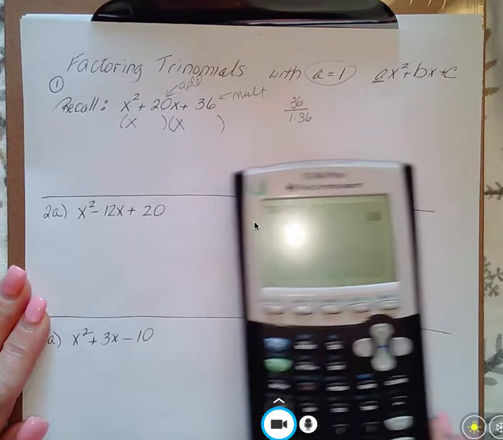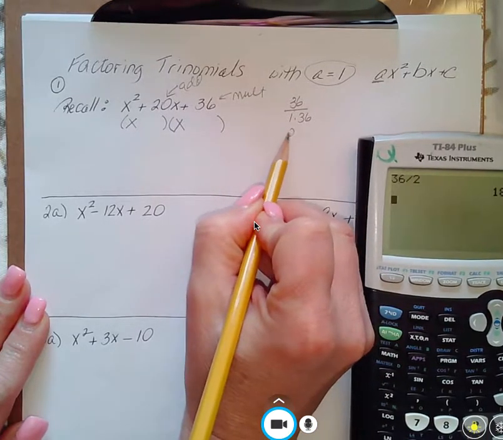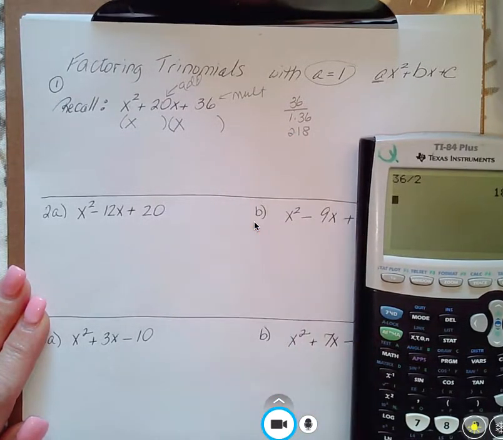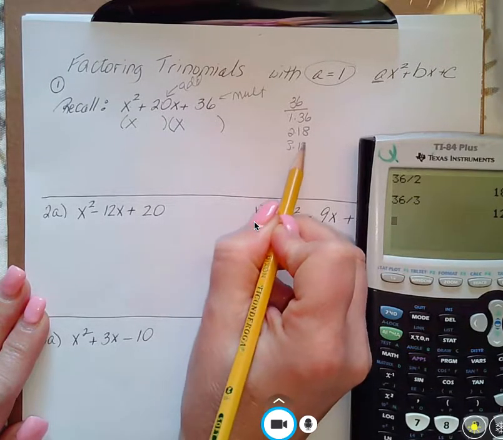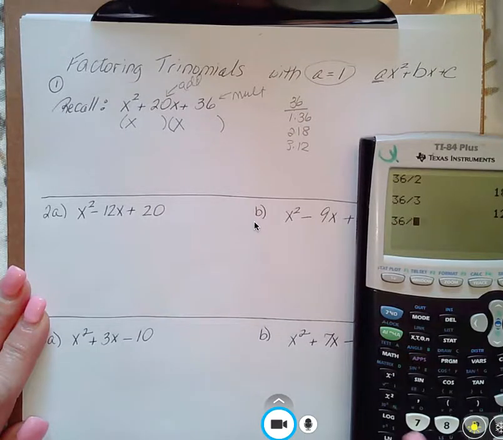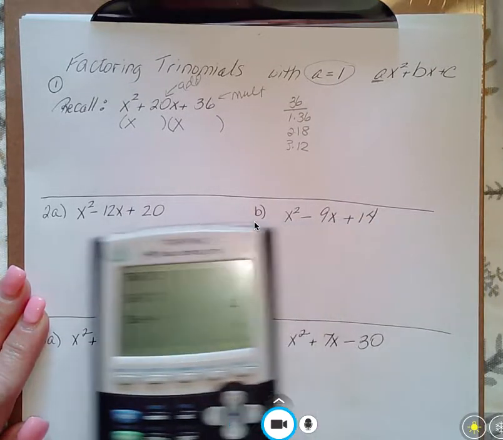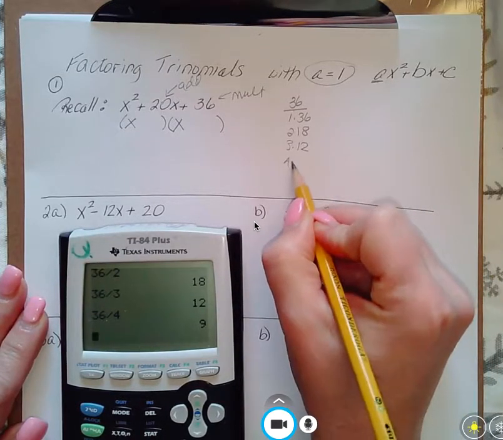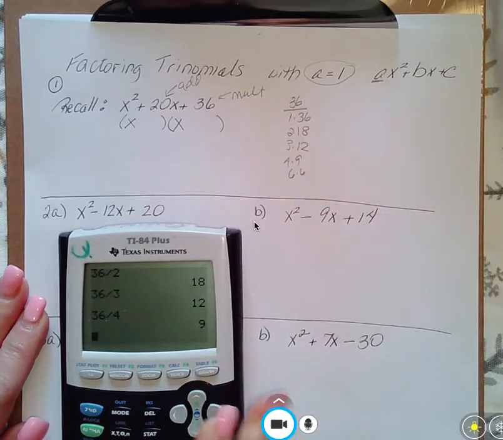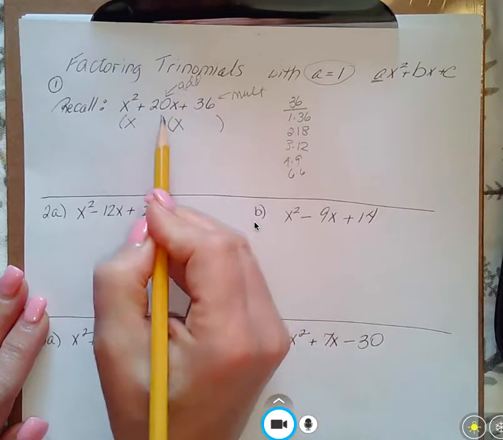Divide by 2, so it's 2 times 18. 36 divided by 3, 3 times 12. Divided by 4, 4 times 9, and of course we know 6 times 6. Okay, so we want to add to 20.